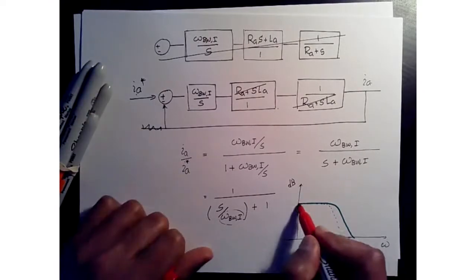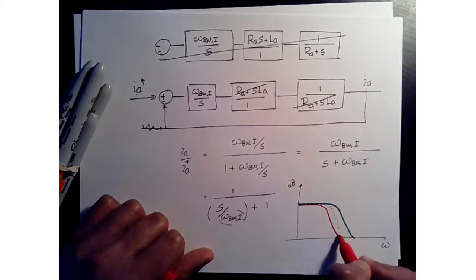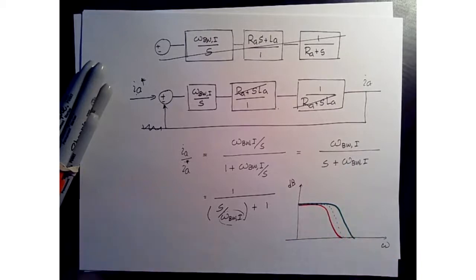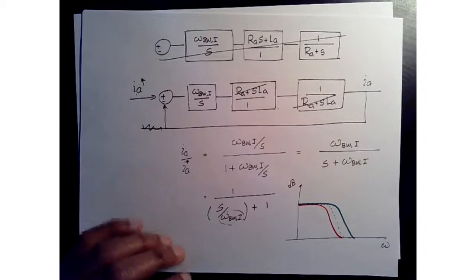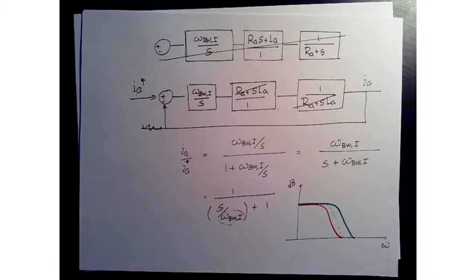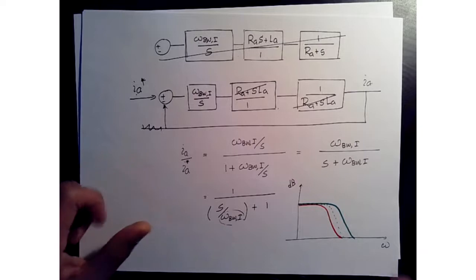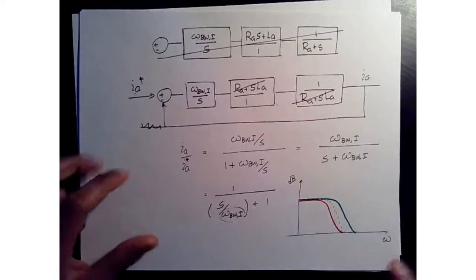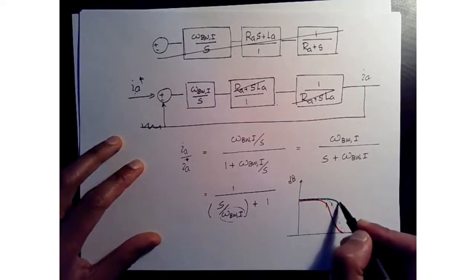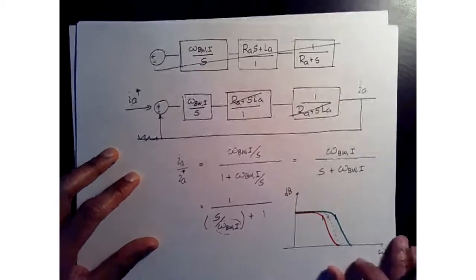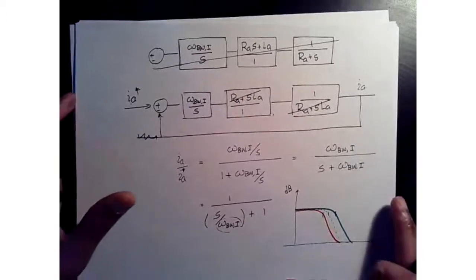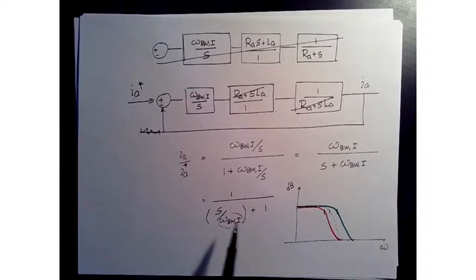I don't know why you would want to do that, but theoretically you can move it as much as you want, but you have to be very careful when you do that. Okay, so now we have actually changed the cutoff frequency, and it will behave the way we want it to behave.